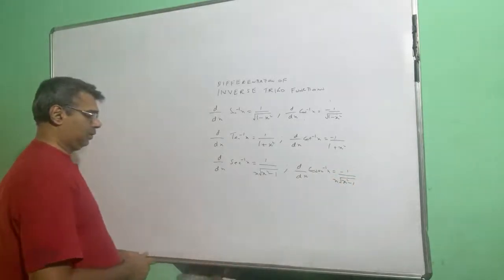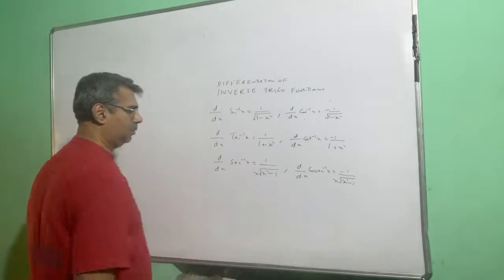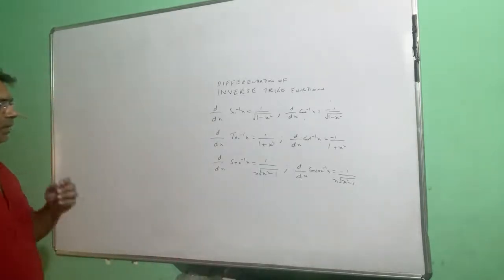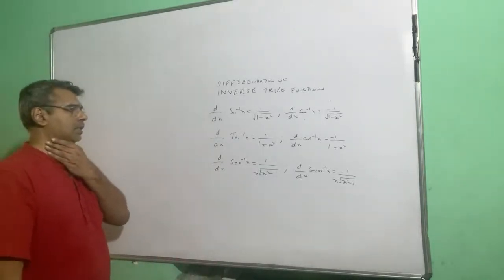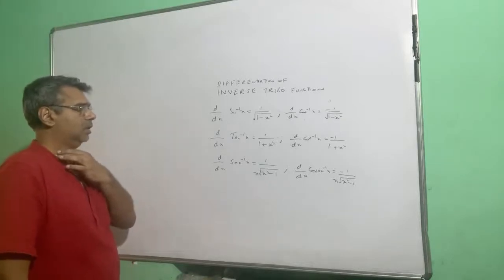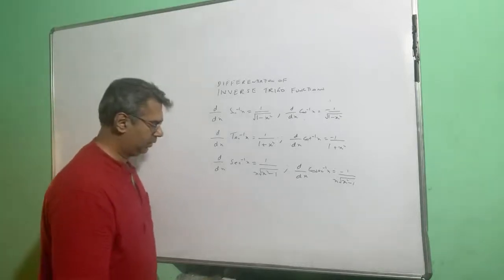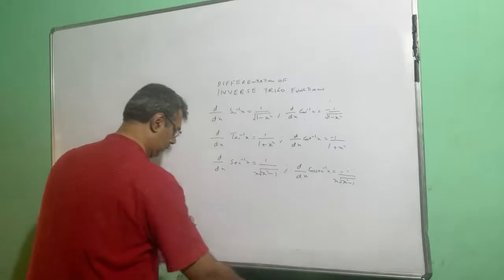And dy/dx of cosec inverse x is minus 1 by x root x square minus 1. So these are the 6 formulas of differentiation of inverse trigonometric functions.